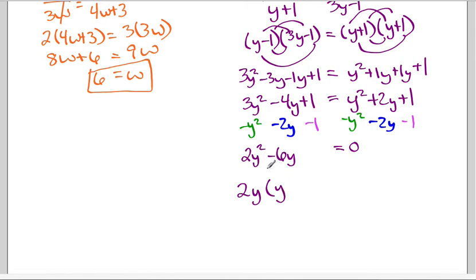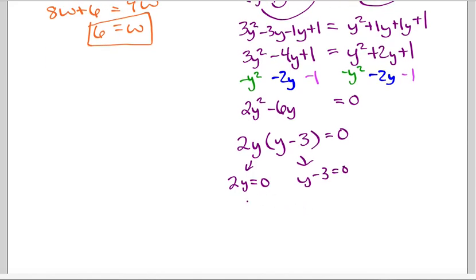And if I divide 2y out of negative 6y, I'm left with a minus 3. You can check that if you distributed, you'd get back to that, and then you know you factored it correctly. And then each piece here will give you an answer. You set each one equal to 0, and then you solve. So 2y equals 0 gives you a y value of 0. y minus 3 equals 0 gives you a y value of 3.